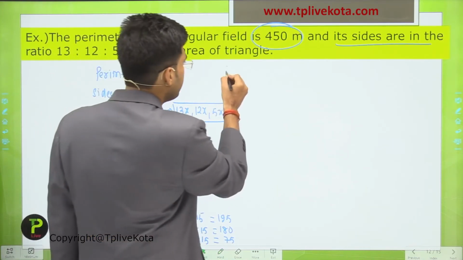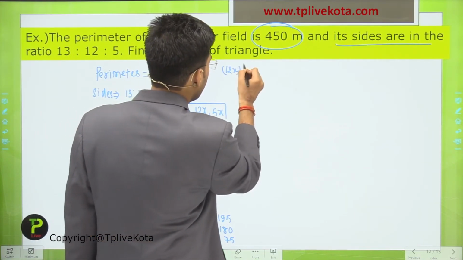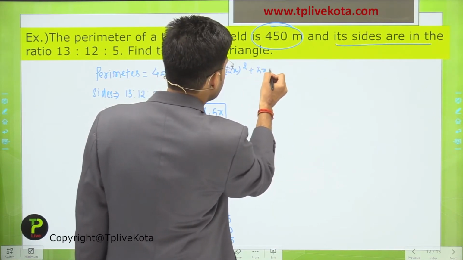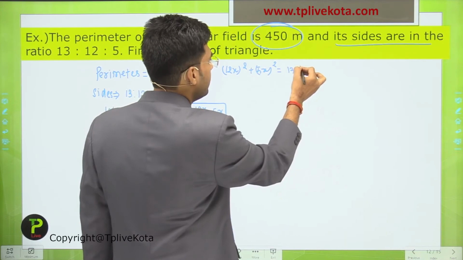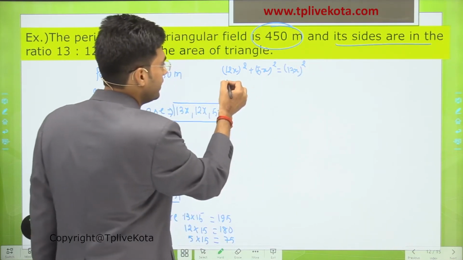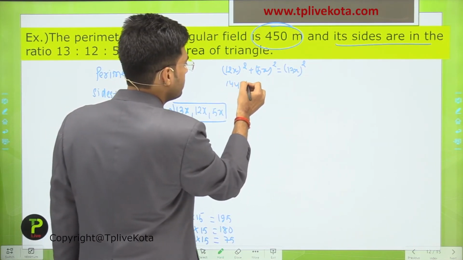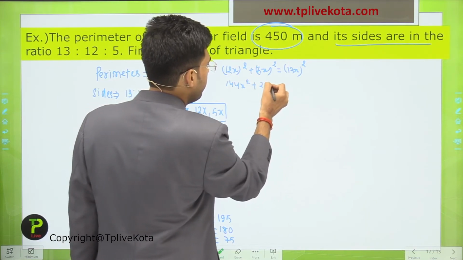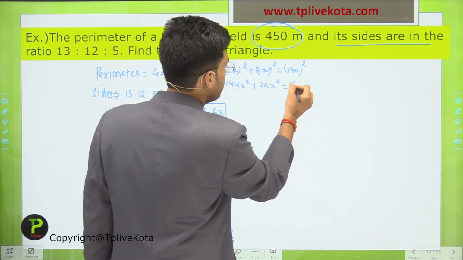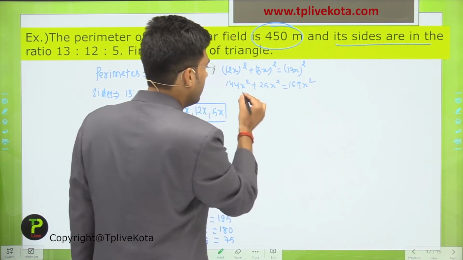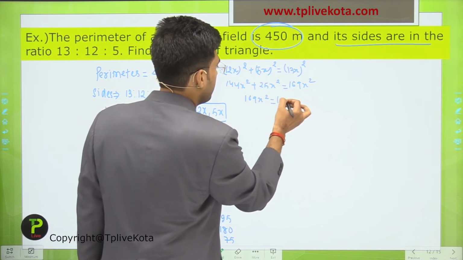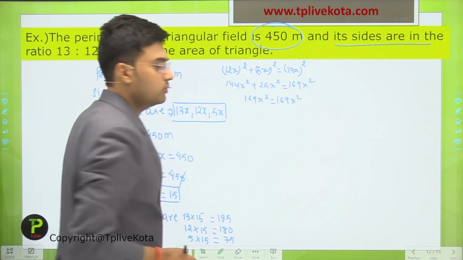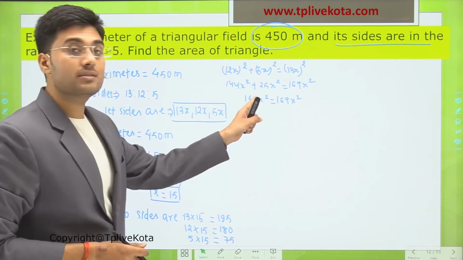So we can say that 12x square plus 5x square is equal to 13x square, because it is 144x square plus 25x square, which is 169x square, and 13x square is also 169x square. So this triangle is a right triangle.